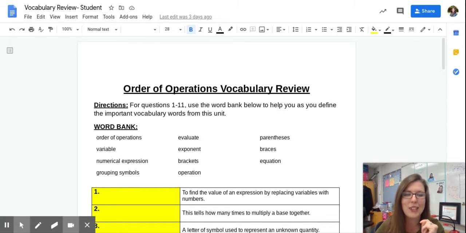First of all, go back to your vocabulary graphic organizer, which was your very first assignment at the beginning of this unit. Secondly, feel free to go back to your class notes. Some of this information comes from your class notes, and certainly those can be a help to you to reference as you approach the end of this unit, as we start to think about tests, which will occur in just a little bit.